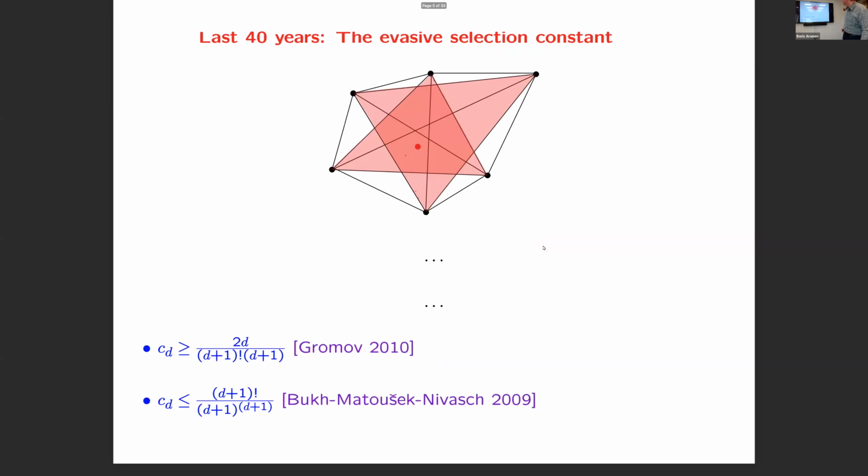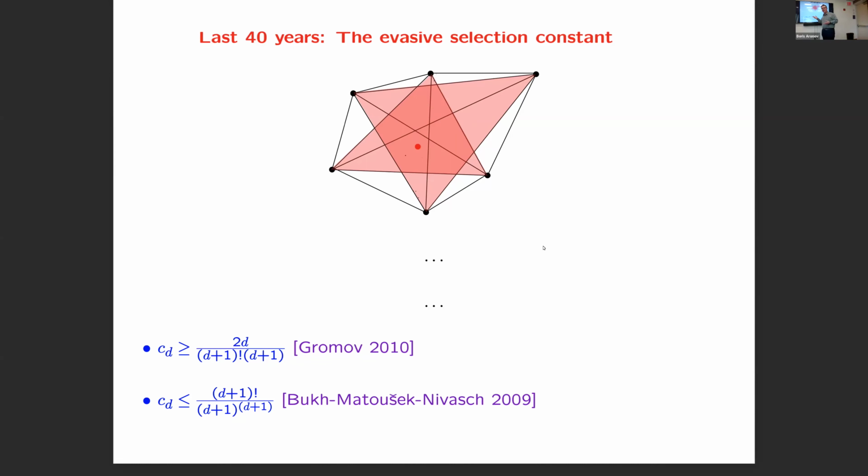The problem has been studied extensively, and unlike the planar case, the bounds are not so tight in higher dimension, so this constant remains somewhat of a mystery.